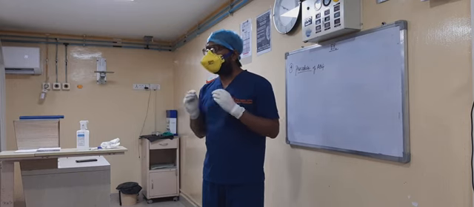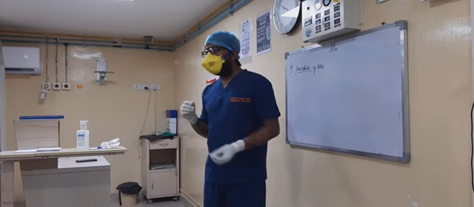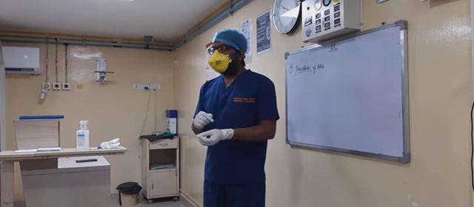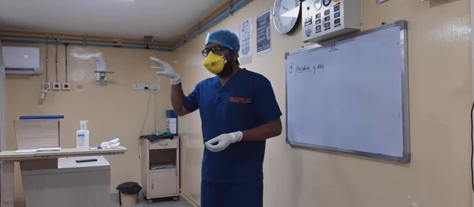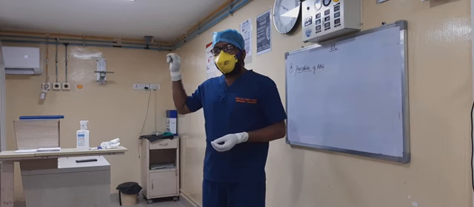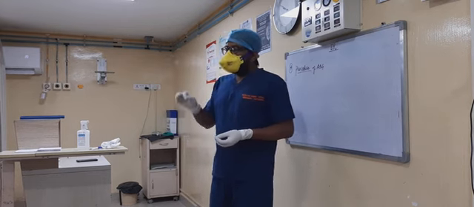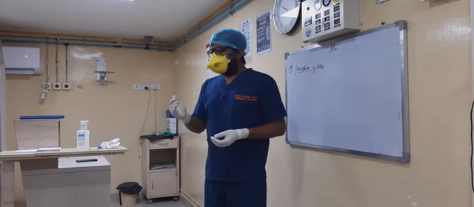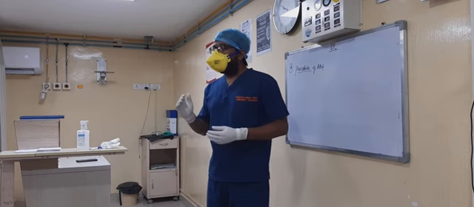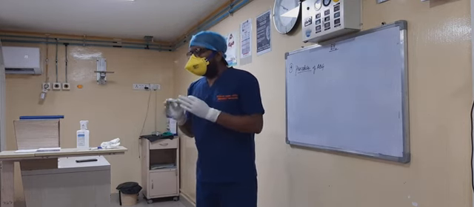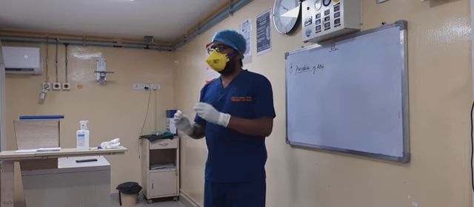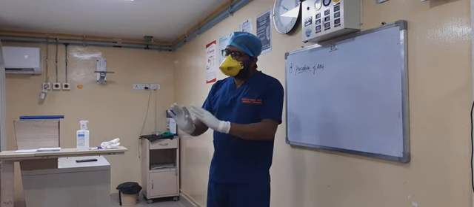We have to gain consent because you can't go and prick the artery of a patient without telling them, because that is their body. You are hurting their body. Okay? So you have to gain consent. After gaining consent, you have to make sure that the procedure will be uneventful.